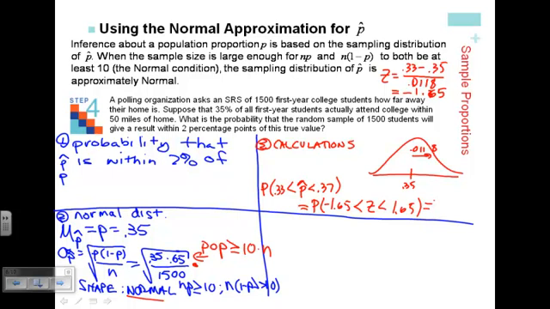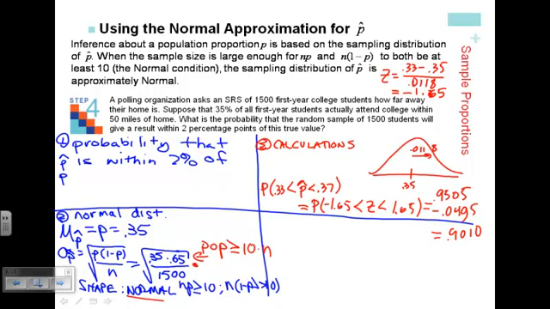All right. 0.9505 on the upper end, minus 0.0495 for the lower end. Giving me a total of 0.9010.